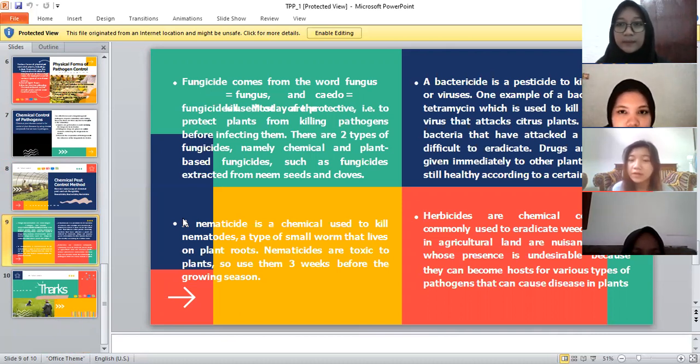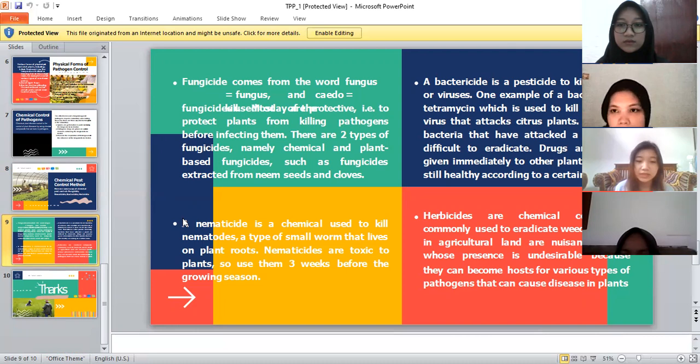And a bactericide is a pesticide to kill bacteria or viruses. One example of bactericide is terramycin, which is used to kill the CVPD virus that attacks citrus plants. Generally, bacteria that have attacked a plant are difficult to eradicate. Drugs are usually given immediately to other plants that are still healthy according to a certain dose.